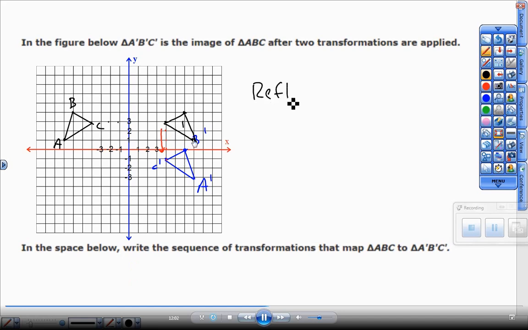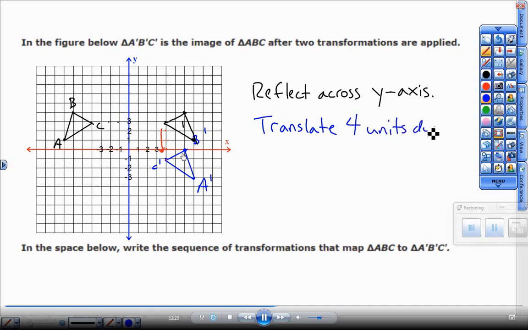So these two, it was first reflect, don't say flip, say reflect and tell me the line it's reflecting over. And then it was translated down. Don't say slide, don't say shifted, say translated, and then give me the direction. So reflect across the y-axis, translate 4 units down.